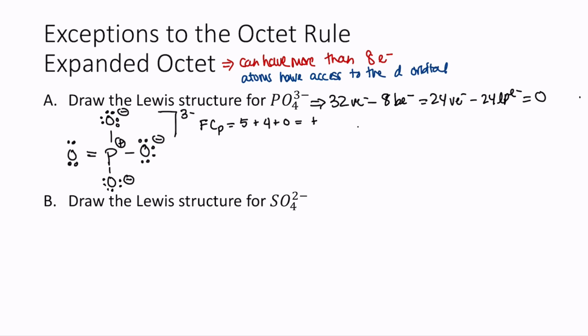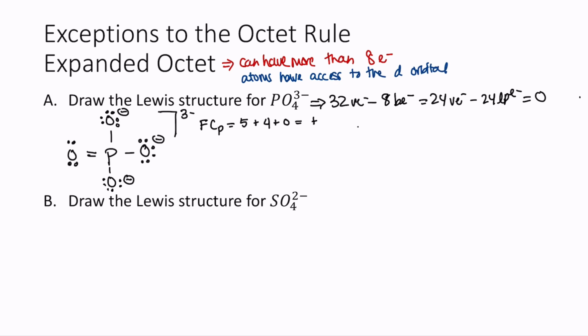That takes away the formal charge for oxygen, and it also takes away the formal charge for my phosphorus. Notice I still have a formal charge of -3, but now not all of my atoms have formal charges on it.